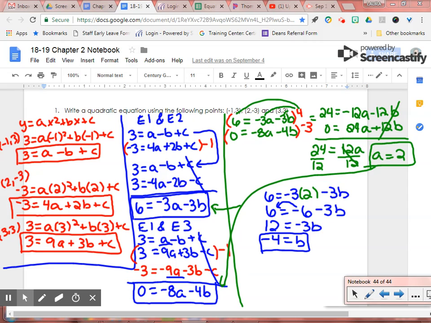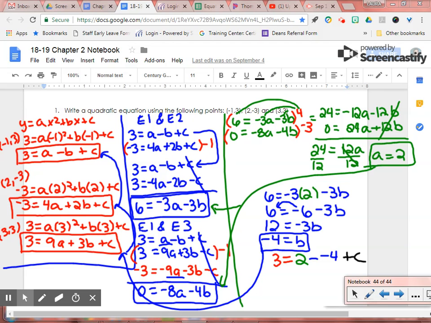Okay, so then the last thing is to plug that in, and I would plug it into one of these 3. The top one is probably the easiest to plug into. So 3 equals, we know what our a value is, it's 2. Our b value, and it's a minus sign, so it's minus negative 4. And then plus c, well, c is what we're looking for.